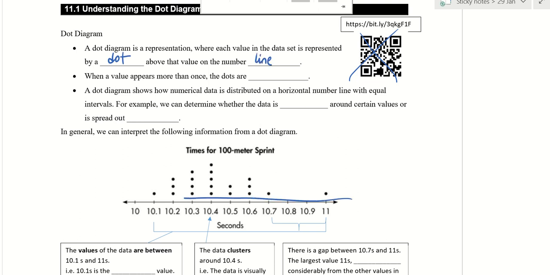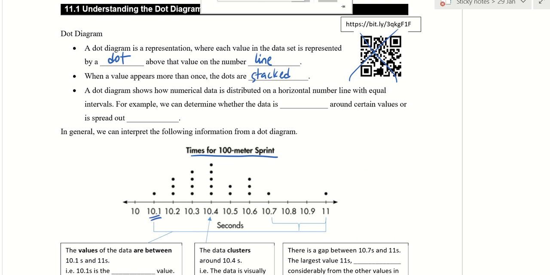So our number line is over here, and you can see our values are shown here. When a value appears more than once, the dots are stacked. Just for an example, here we have 1 timing of 10.1 seconds.